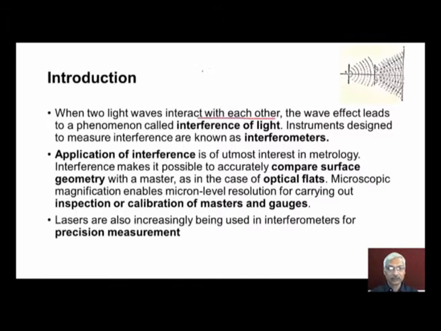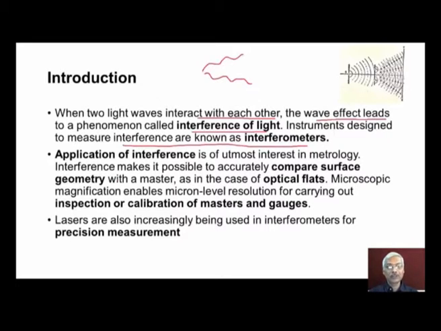That means we have to consider two light waves, and when they interact with each other, the wave effect leads to a phenomenon called interference of light. Instruments designed to measure the interference are known as interferometers.